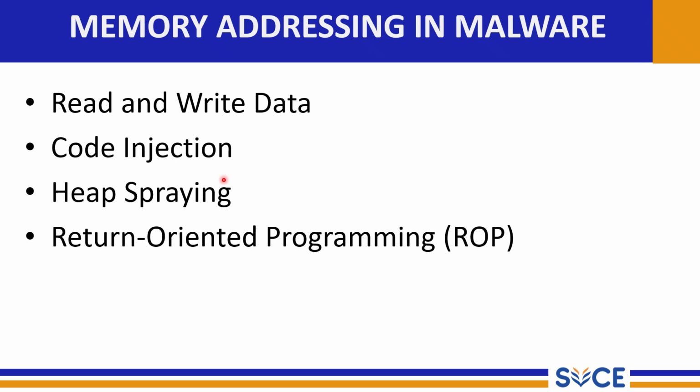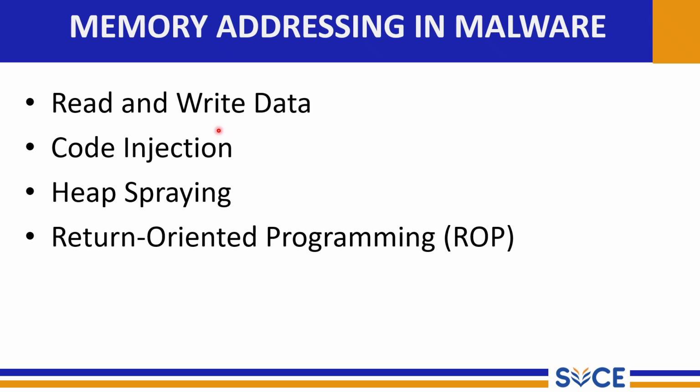Now we are going to discuss memory addressing in malware, and how malware uses memory addressing. The first one is reading and writing data. Here the malware reads sensitive data from memory, such as passwords, credit card numbers, and encryption keys.